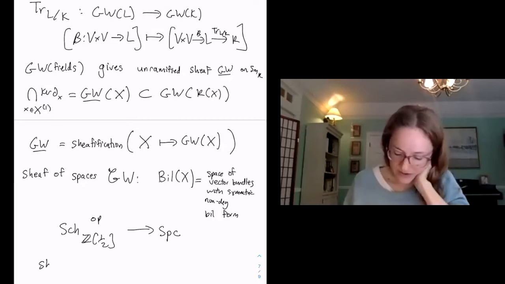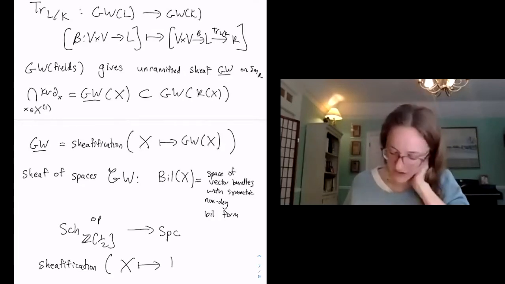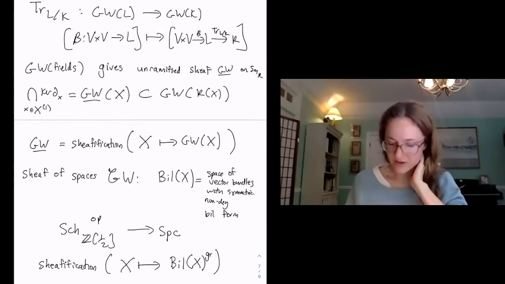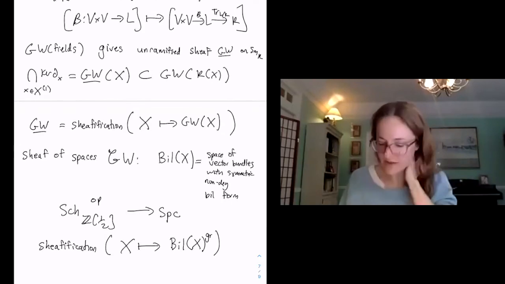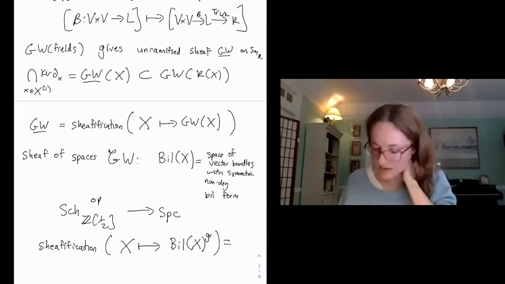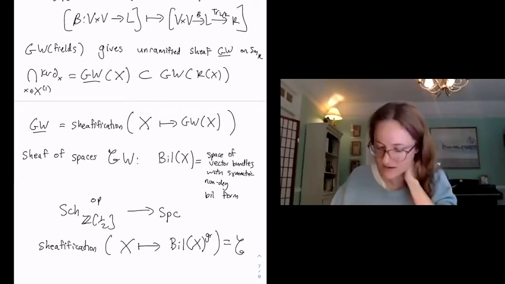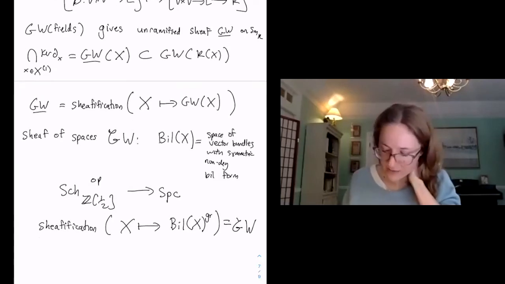And we'll let it be the sheafification of X goes to the group completion of these bilinear forms. And there's a map to the sheaf of spaces associated to Hermitian K-theory.